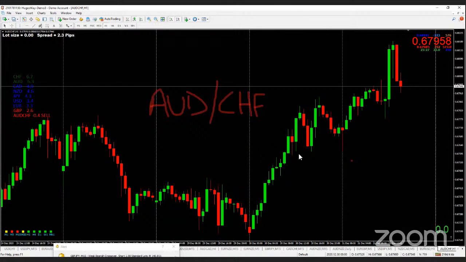which was Wednesday. So for the last 2 days or 1.5 days, if you like, it's been trending up, which tells me that if this pair has been trending up, it basically means the Aussie dollar has been the stronger one in the last day or so. That's basically what that tells me.